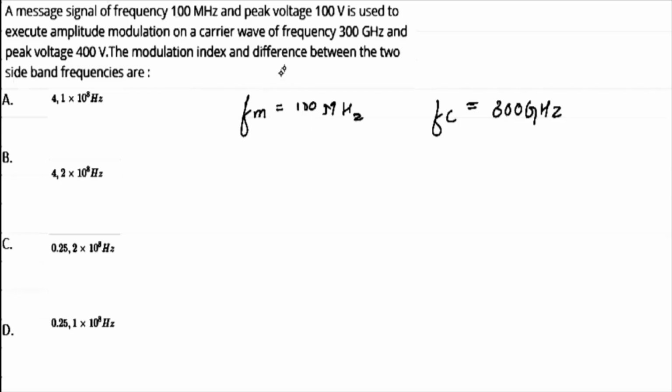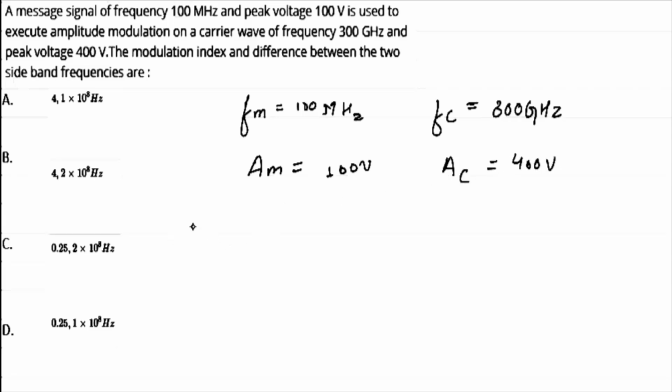The amplitude of voltage of the message signal, Am, is 100 volt, and the amplitude of voltage of the carrier signal is 400 volt.